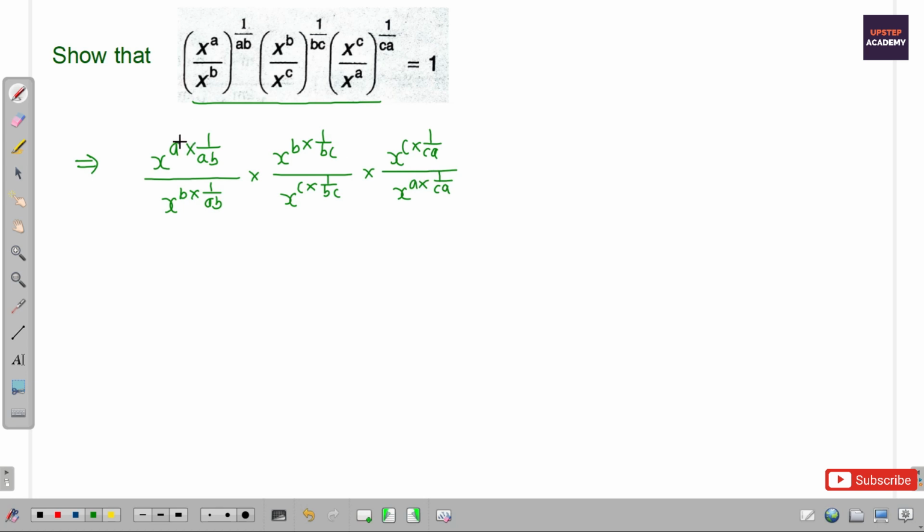So here you can see this a and a will get cancelled, b and b will get cancelled, b and b, c and a will get cancelled. In next step we'll write the things remaining over there.